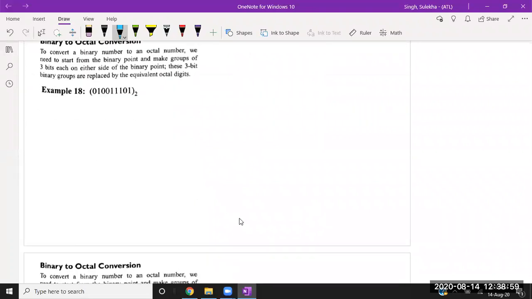Okay, the next thing is binary to octal conversion. This is same as the previous question, but you need to take care whenever you are converting binary to octal. Again, you need to pair up 3 values, but you need to start your pair from the right side. You need to pair these values like this.